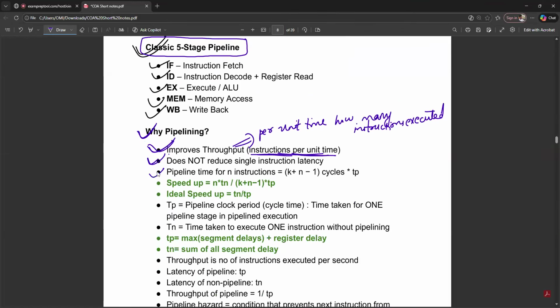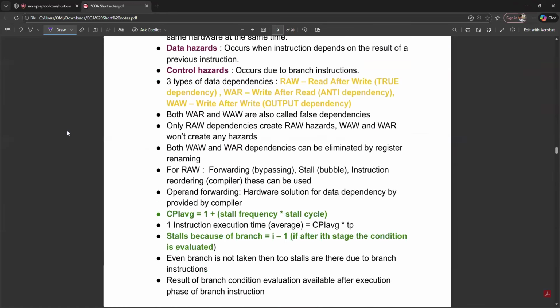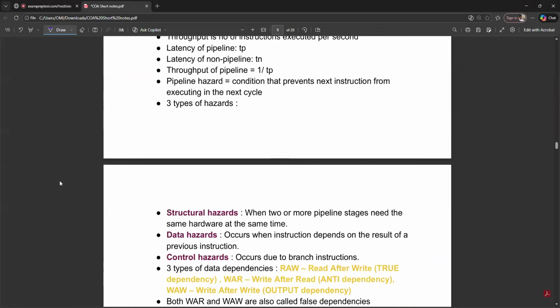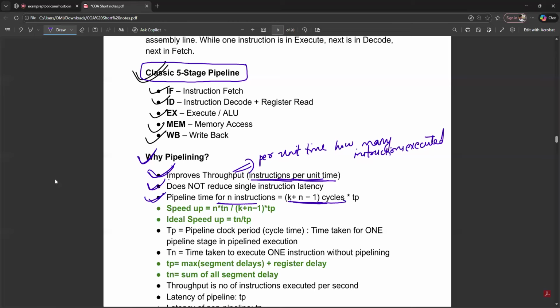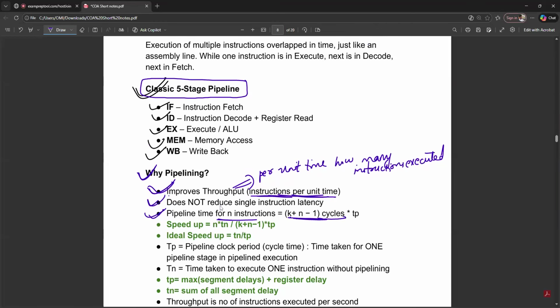Now the pipeline time for n instructions is k plus n minus 1 cycles. Let's say you have n instructions and k stages.